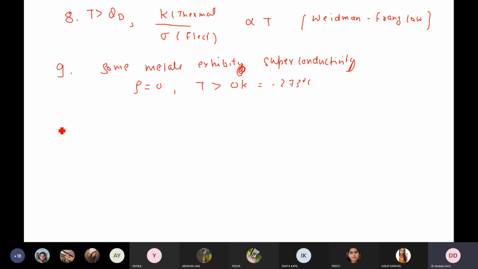Next one is the model. We are going to discuss a model which leads to the steady state, and here we are going to derive the expression for the conductivity and drift velocity, and then we are also going to discuss the relaxation time.